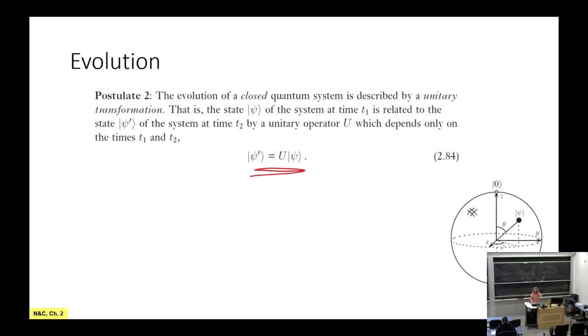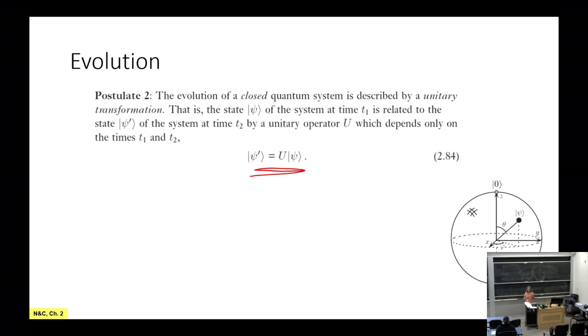So I can write out the expression psi prime equals U times psi to describe my change in the system in time. And this is a discrete expression of quantum mechanical system evolution. I'm just considering two distinct times, not continuous.